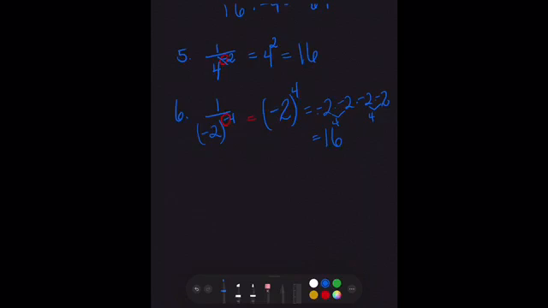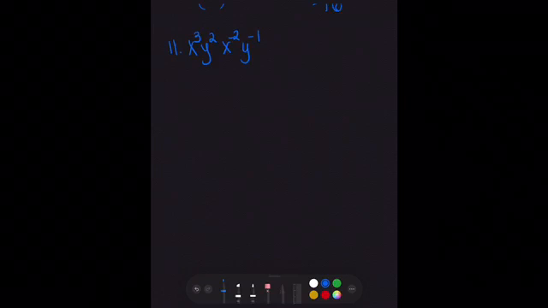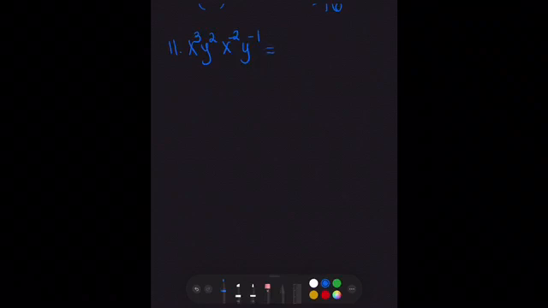Let's look at number 11. We have x cubed, y squared, x to the negative 2, y to the negative 1. Well, in our previous lesson, lesson number 101, we talked about when we are multiplying variables with the same base, we can add the exponent.